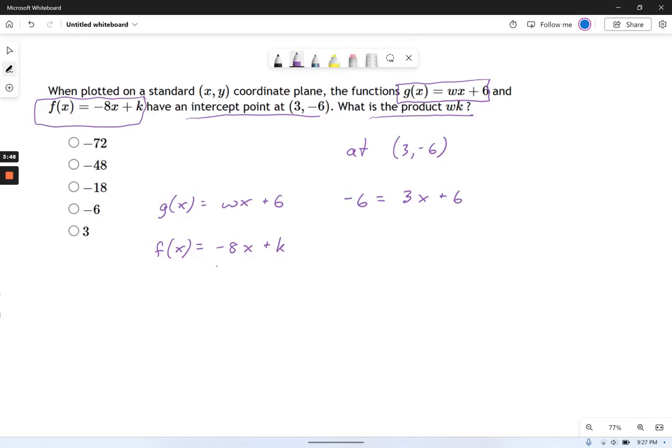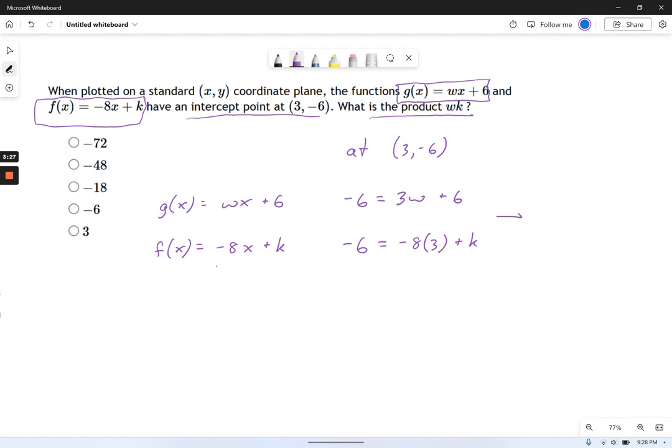I got that mixed up. 3 is the x value, so this becomes 3w plus 6. There we go. And then for the second equation, f of x, negative 6, again, is the y coordinate. And then we say negative 8 times x equals 3 plus k.